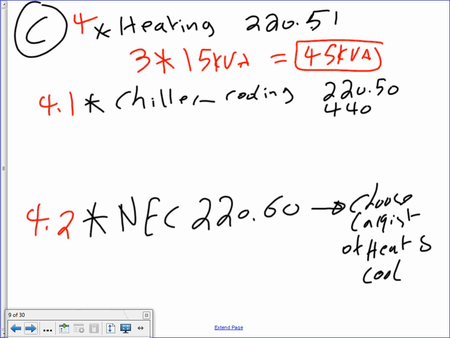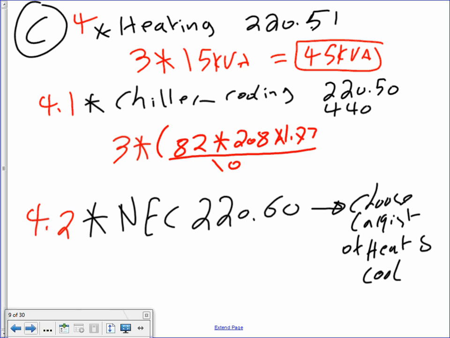She used 3 chillers. Each one of these chillers was 82 amps at 208 volts, times 1.73. Divide this by 1,000, and that will get you 89 kVA for the chiller.